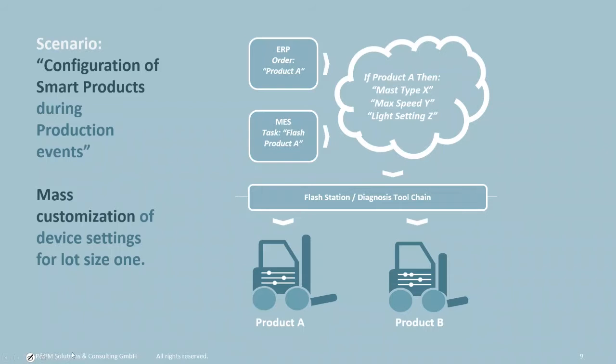What you would like to have is that when your product A shows up at a dedicated station, and the technician says, okay, I would like to execute now the task to flash product A, then product A should be configured based on the sales order and the production order, and based on this you would like to have the right parameter settings configured.